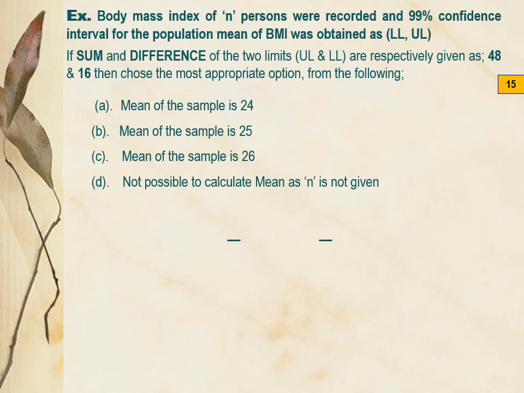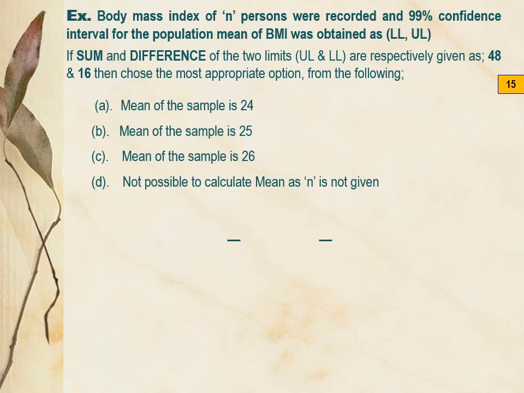Mean of the sample is 24. That is, you want to get the mean, the average, and the mean is the average of the upper limit and lower limit. So if you add upper limit and lower limit, then it will be equal to 2x bar, because the measurement error will be cancelled.